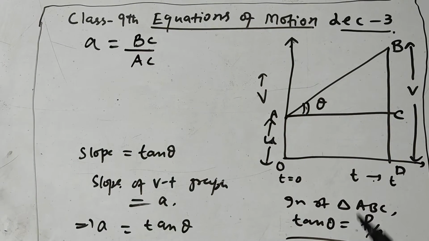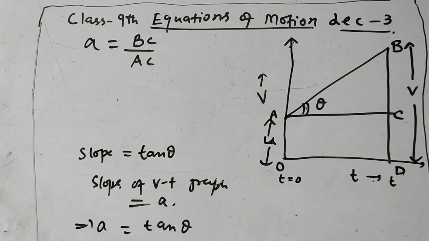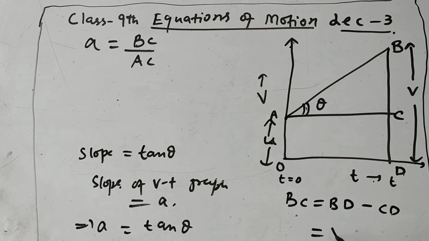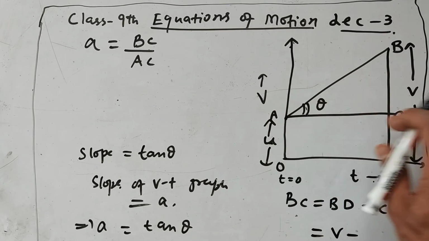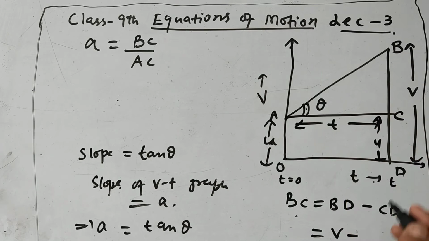Now see, what is BC? BC we can calculate here. That will be BD minus CD. BD is v, minus CD. Since OA is u, this is also u. So it will be v minus u.